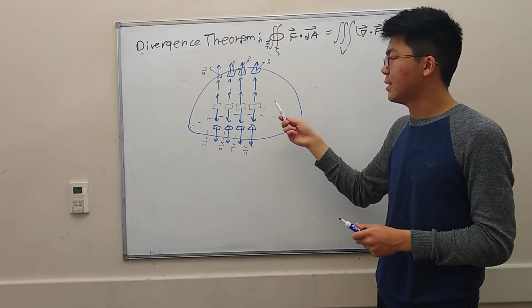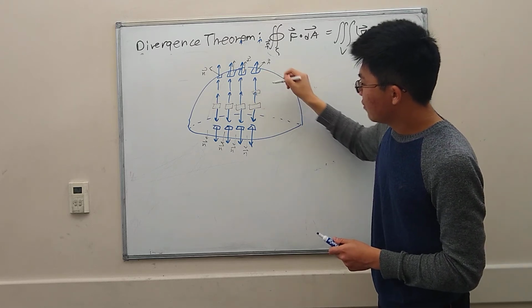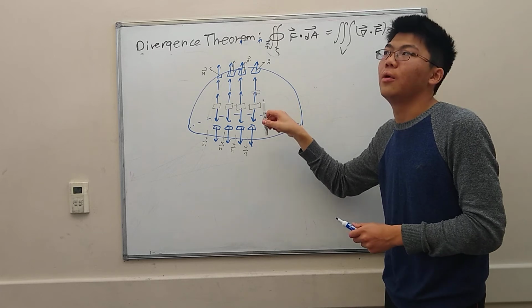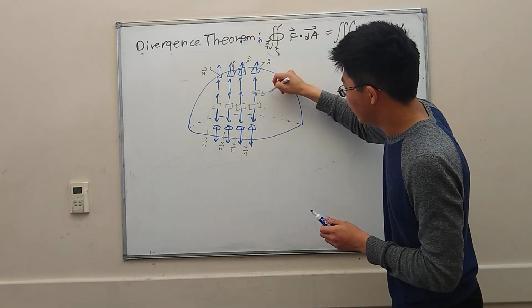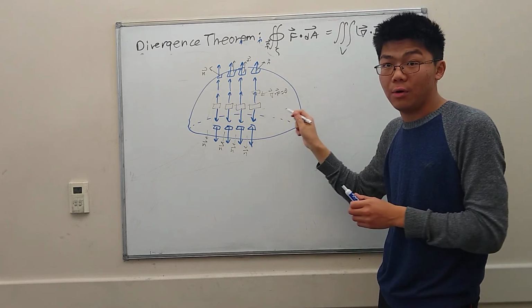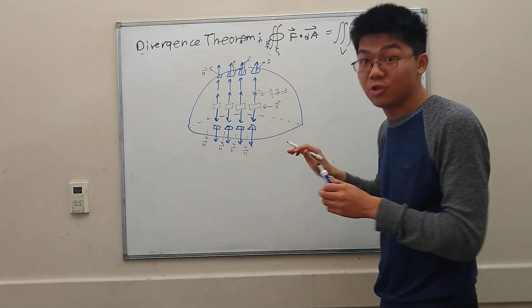So in this case, we have the same amount of flow in as the flow outward. So we don't have any divergence. The divergence here is 0. In this case, the divergence here is greater than 0.